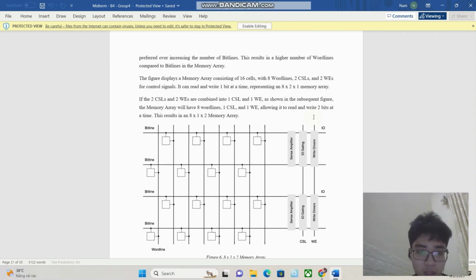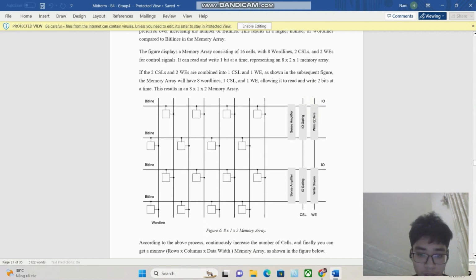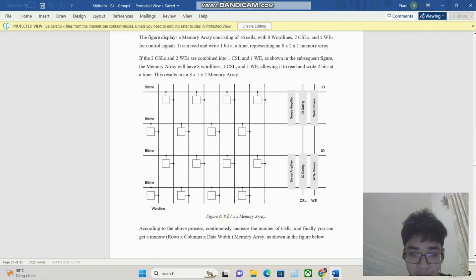If the 2 CSL and 2 WEs are combined into 1 CSL and 1 WE, as shown in the subsequent figure, the memory array will have 8 word lines, 1 CSL and 1 WE, allowing it to read and write 2 bits at a time. This results in an 8 times 1 times 2 memory array.